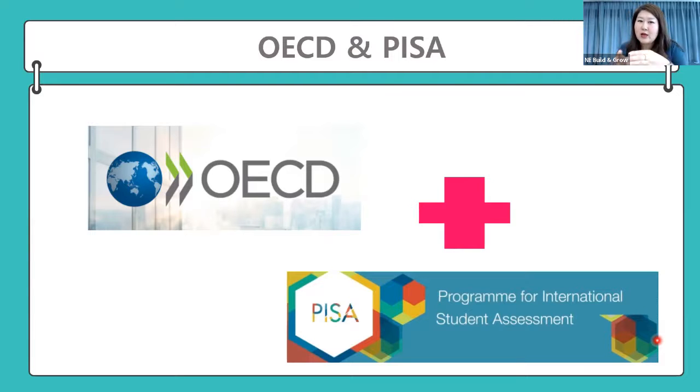So those kinds of elements determine one nation's future, like Singapore, Korea, you can name it, right? That's why OECD works closely with PISA to determine each nation's economic future and development. I hope this explanation is understandable.